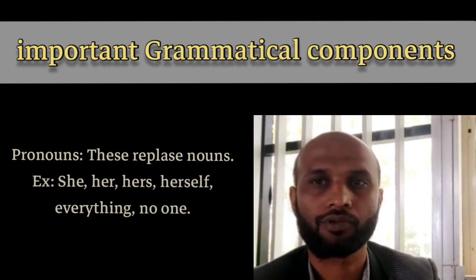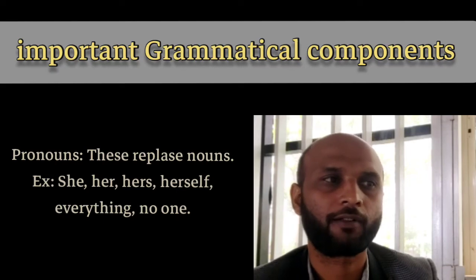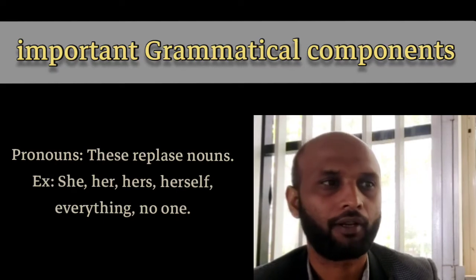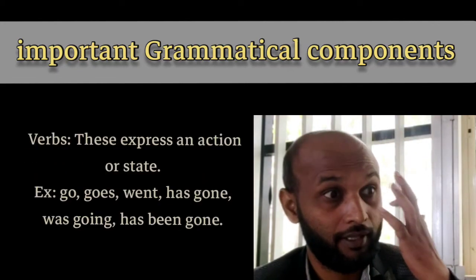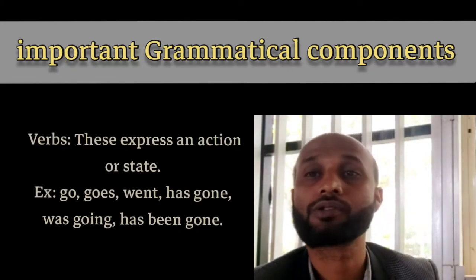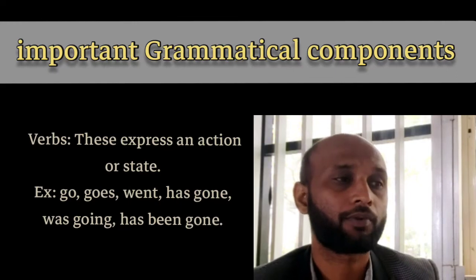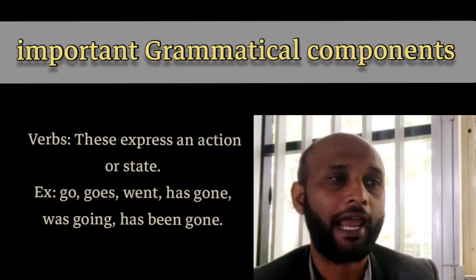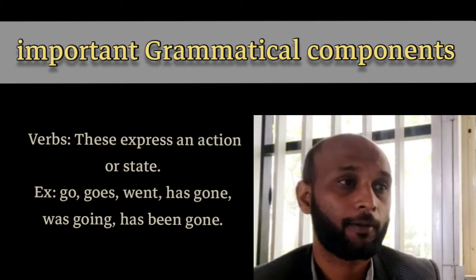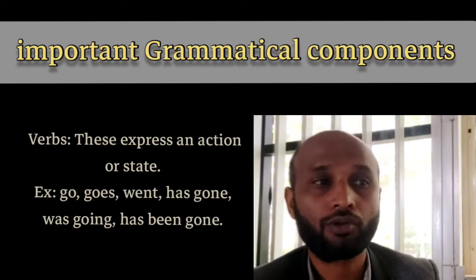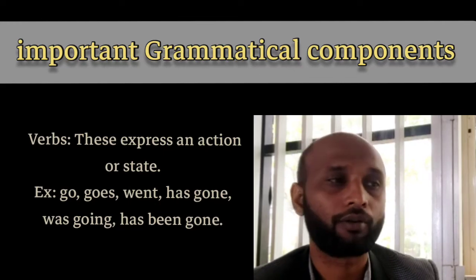For example, she, her, hers, herself, everything, no one, etc. Verbs. These express an action or state. For example, go, goes, went, has gone, was going, has been gone, etc.